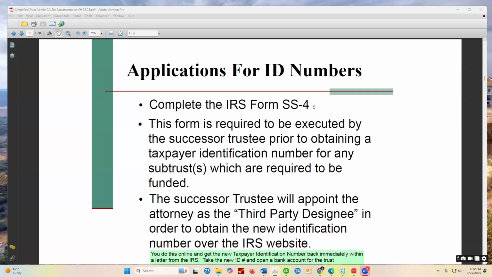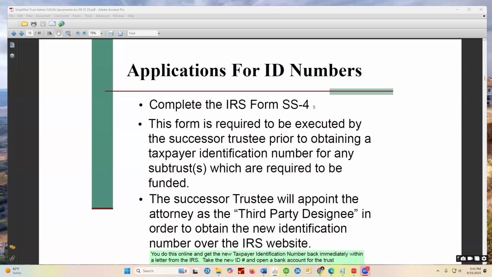In getting federal ID numbers, there's some confusion, and it's just terminology. When someone's a successor trustee on a trust, then obviously they're a trustee.